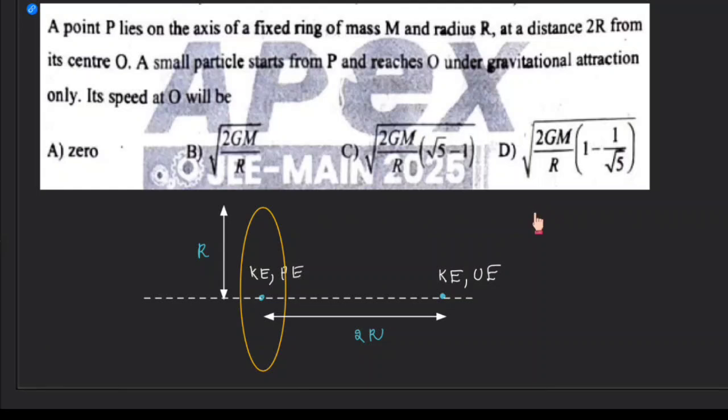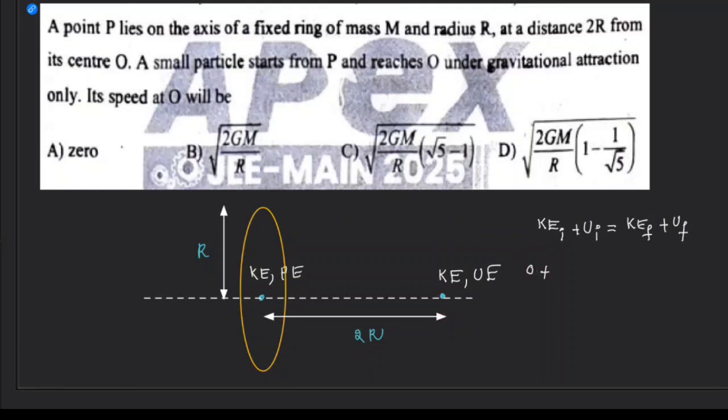So by using the conservation of energy theorem, KEI plus UI will be equal to KEF plus UF. Initial kinetic energy is 0 because it is starting from rest.